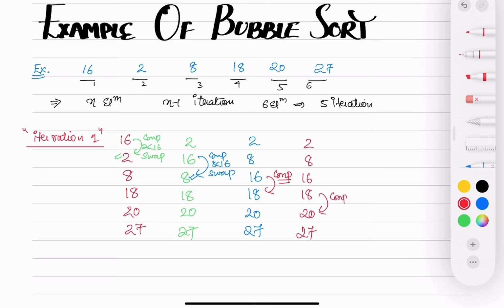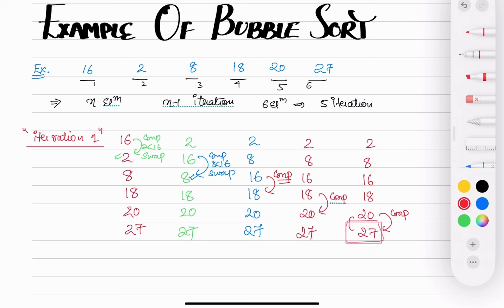So you just need to compare. Then 2, 8, 16, 18, 20, 27. So if you compare 20 and 27, again 20 is less than 27. You cannot swap because 20 is less than 27. So they are at the right position. So this is how your iteration 1 is done.